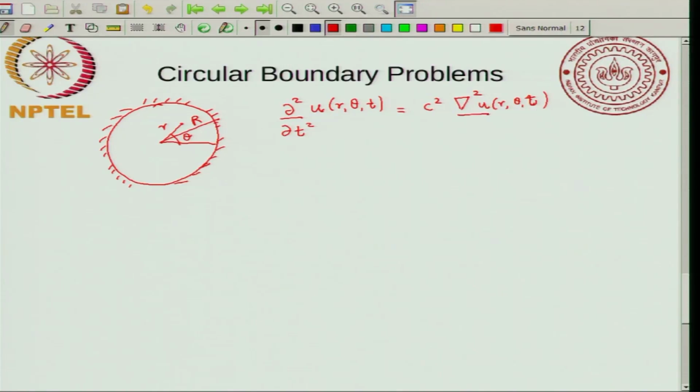Now the point is, what does this gradient look like in polar coordinates? The gradient squared is d square by dx square plus d square by dy square. I will take the c to this side and write d square by dt square of u of r, theta, t is equal to the Laplacian in plane polar coordinates.